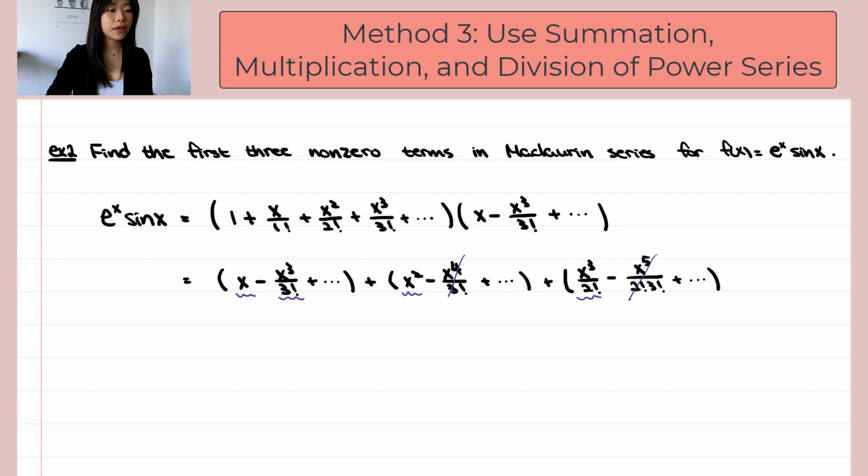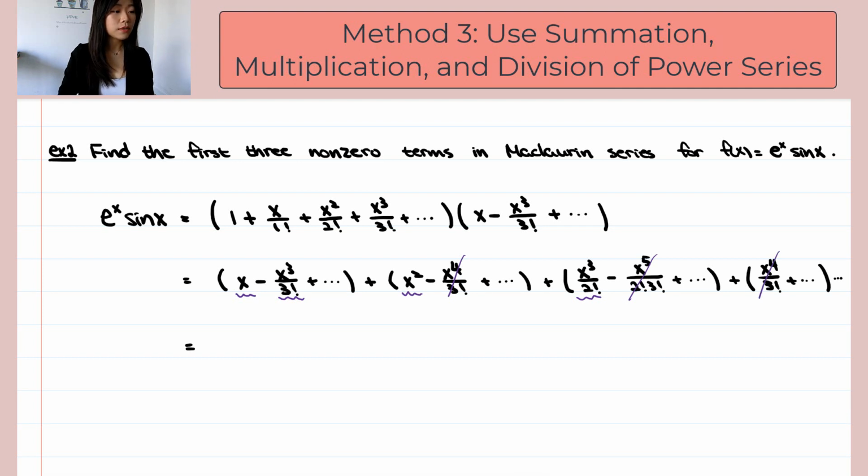Also, if I expand the fourth term from e to the power of x, I have x to the power of 4 divided by 3 factorial. Here the exponent is also 4, so I do not need to worry about this term. So let's rewrite the first 3 terms.